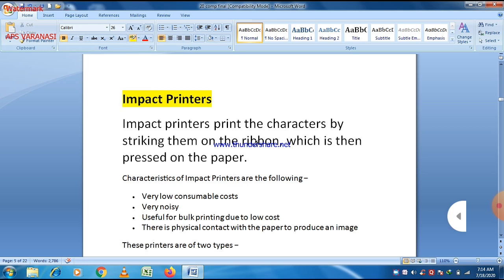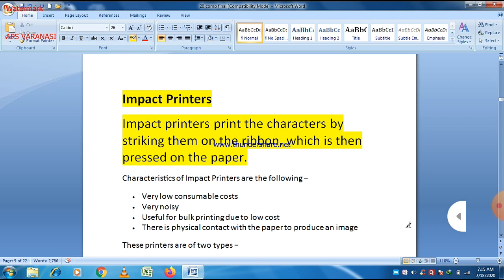The impact is on the ribbon, and the ribbon causes the impression on the paper. So that is the function of impact printer.